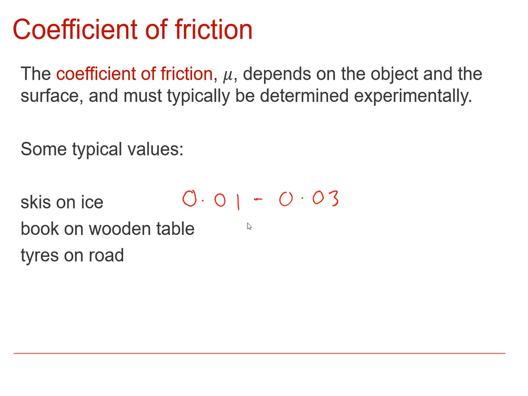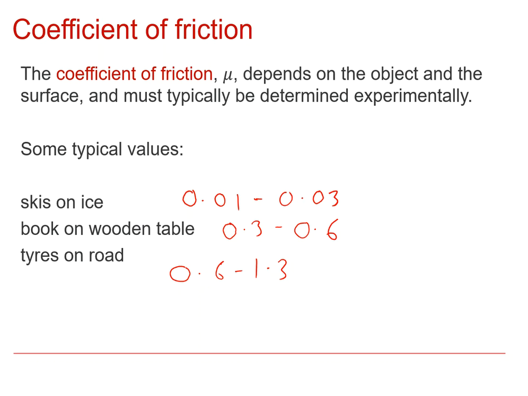A book on a wooden table might be a higher value, say between 0.3 and 0.6. And then tyres on the road, well, they're designed to grip the road and provide a lot of traction, and that is actually a form of friction. So that could be, say, between 0.6 and 1.3. So it is possible for the coefficient of friction to be greater than 1. That might be surprising, perhaps, but it is actually possible.